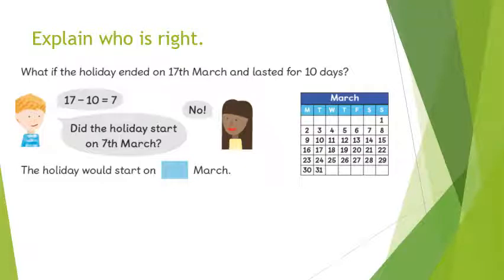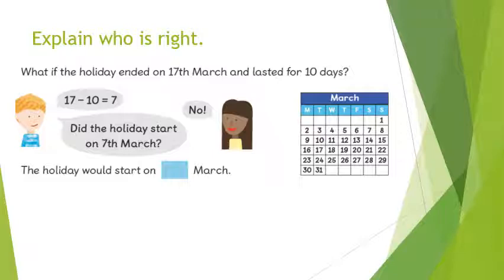What if the holiday ended on the 17th of March and lasted for 10 days? So Elliot's saying that 17 take away 10 equals 7. So did the holiday start on the 7th of March? And the answer is no, it's not. The holiday would start on a different date.